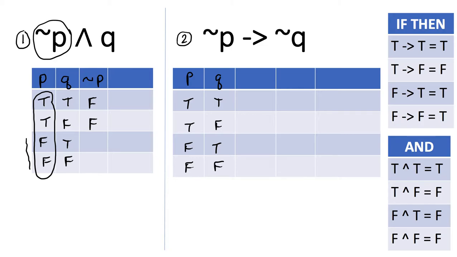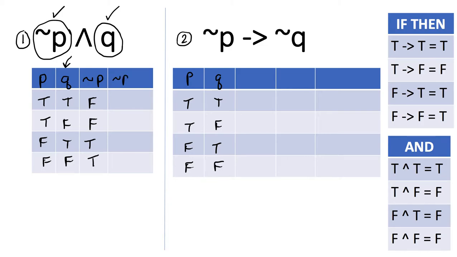And instead of false and false, we're going to go true and true. And so in doing that, we have taken care of the left side of the statement. The right side of the statement is already done because I have a Q column right here. Once I have completed the left side and the right side of the statement, I'm going to then put the statement together and look at the truth value of the combined statement.